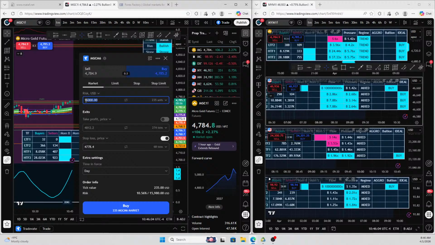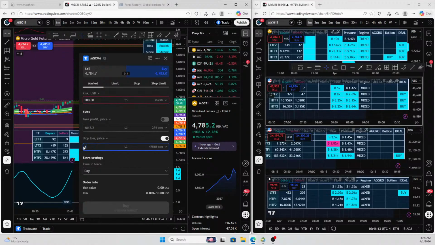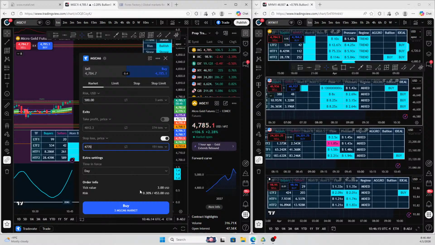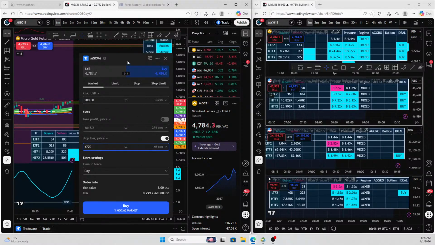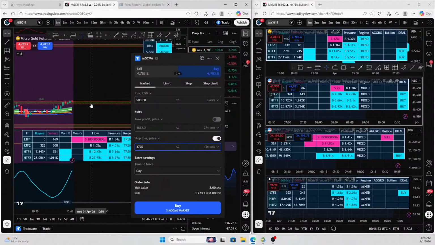We're going to risk $500 on this trade. Stop is going to be at 4770. And we're going to target a 3-unit trade. We want to see a buy from this level.